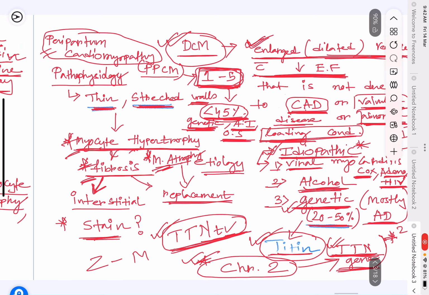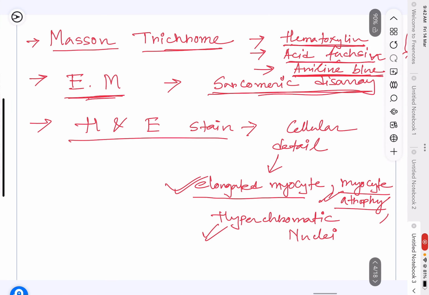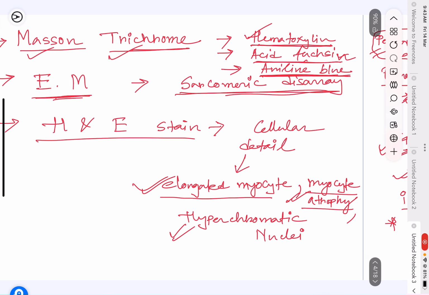Now, pathophysiology of DCM: we have thin stretched walls. In these thin stretched walls, we see all three components: myocyte hypertrophy, myocyte atrophy, and fibrosis. The fibrosis is both interstitial and replacement fibrosis, which is detected by the Masson trichrome stain, which has three stains: hematoxylin for the nucleus, acid fuchsin for the cytoplasm, and aniline blue for the collagen.